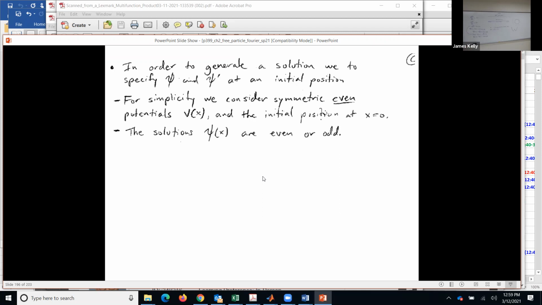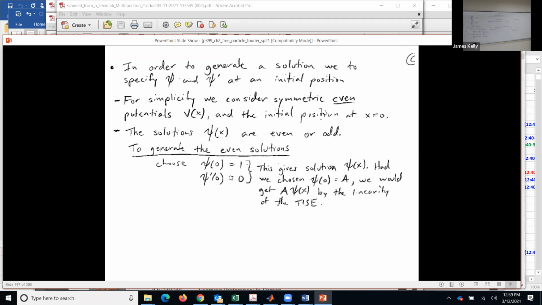And what we're going to do is generate them with two separate pieces of code. To generate the even solutions, we're going to imagine right in the middle, if I'm generating an even solution, so I'm generating a psi as a function of x here, and if it's even, it should have a derivative of 0 right in the middle. If it's going to be left-right symmetric, it can't have a non-zero derivative right in that middle position, because then it wouldn't be an even function.